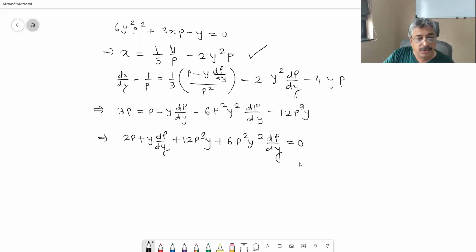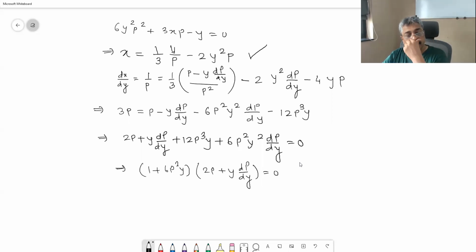This gets factorized into two factors: 1 plus 6p square y into 2p plus y dp by dy is equal to 0. Now, we are going to ignore the first factor, because there p square is equal to minus 1 upon 6y. Depending upon the parity of y, it will give us some results, but we will leave it aside and concentrate on this.